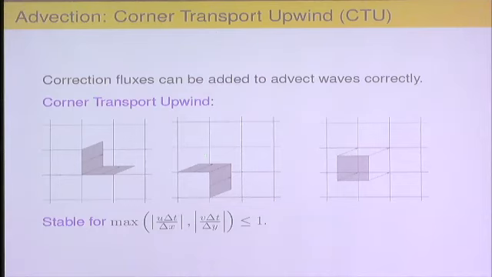So if you look at this cell here, for example, this cell is being updated now by both of these waves, the one coming in from the left and the one coming in from below. But this same cell is also being updated by this wave that's coming from the cell interface to the left here, and also by this one. So there's actually now 4 waves that update this cell average.